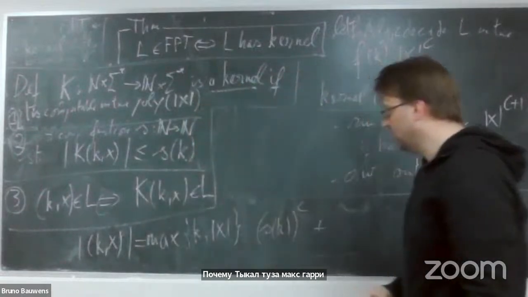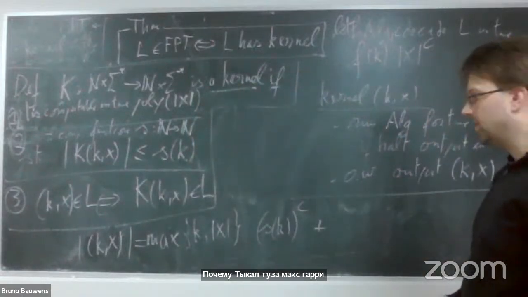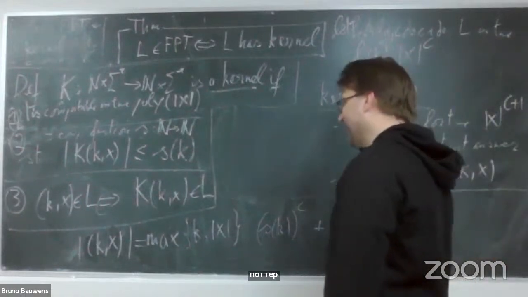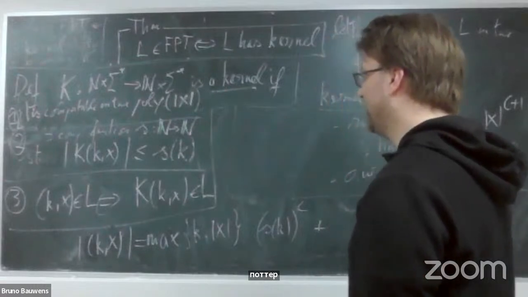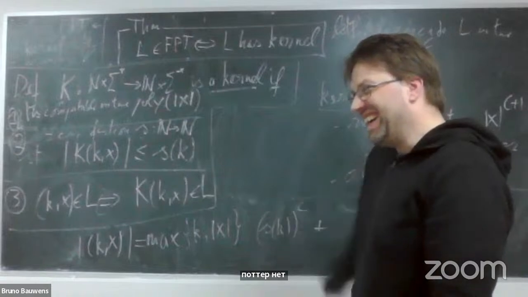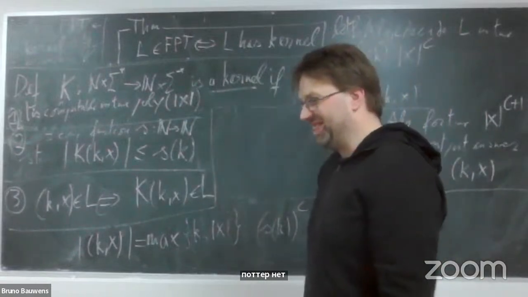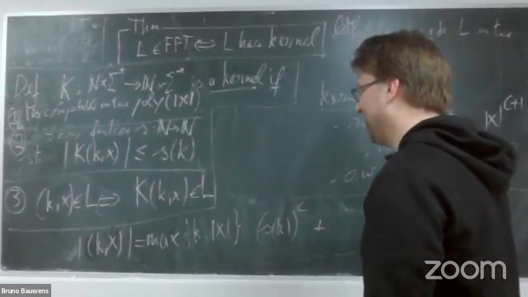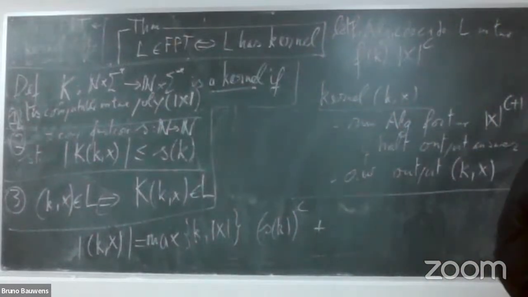Sorry for this. Okay, this is very messy. I will write notes to fix this and send it to you. Only about kernels I will write notes, and I will update the slides if I can find the LaTeX.